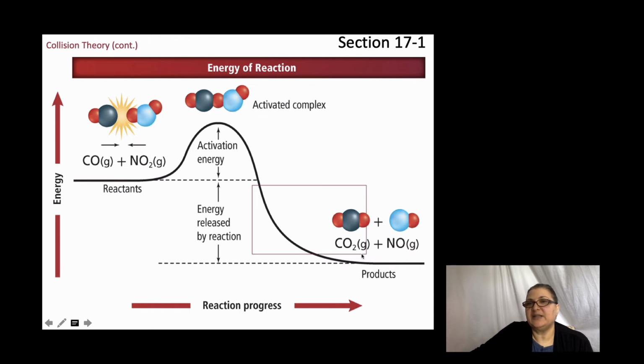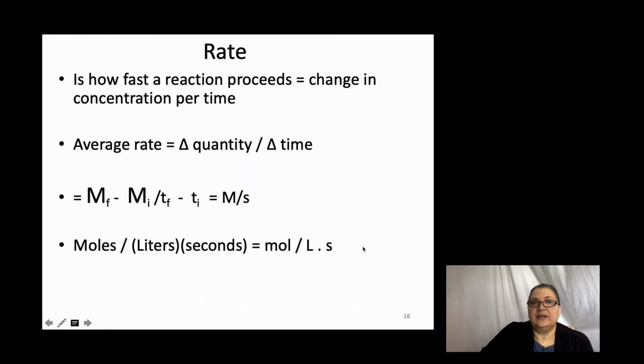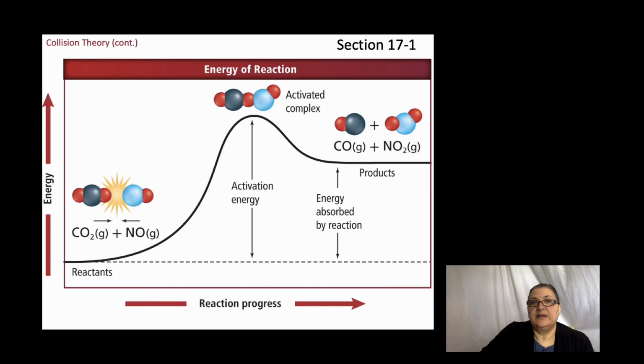Energy is being released, that's exo. And this one, energy is being absorbed because the reactant now has a higher energy, so somehow they absorbed energy during the reaction. So that's endothermic.